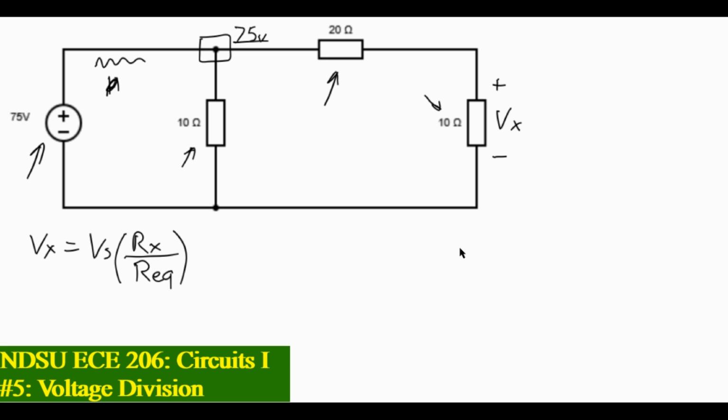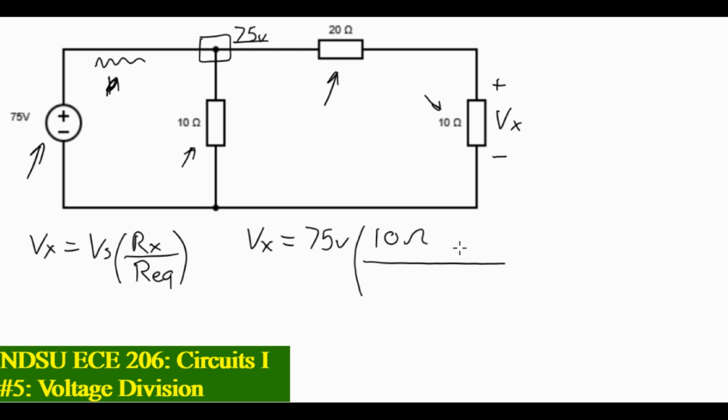Let's do that. Vx is going to be equal to the 75 volts that's being supplied to our circuit times the ratio of the resistance that we're measuring across, Vx is across the 10 ohm resistor in this case, over the equivalent resistance that this circuit is going to see.